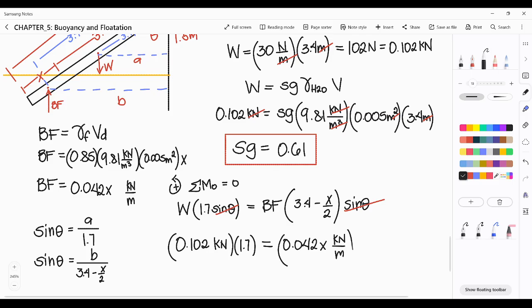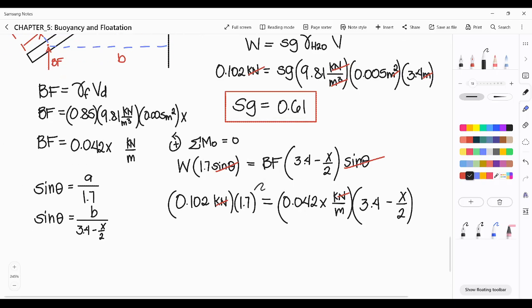So, that's our buoyant force. And this one, 3.4 minus x over 2. And as you can see, magka-cancel out yung kilonewtons and we'll be left with the correct or proper unit for the missing value of x, which is yung length na nakasubmerge sa oil.